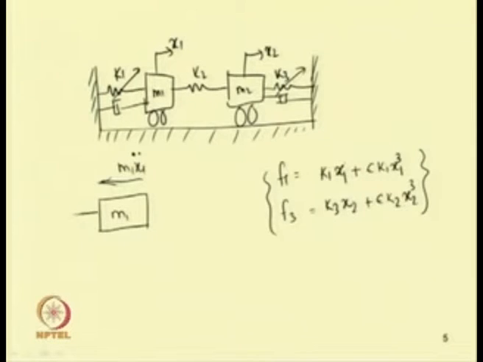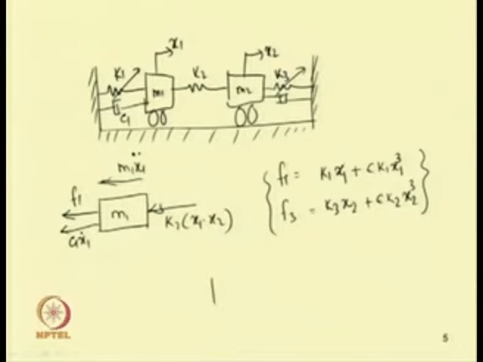Similarly, we have the spring force F 1, which is nonlinear, and the damping force, which if this is C 1 will be equal to C 1 x 1 dot. As the spring K 2 is assumed to be linear, it will have a relative motion of x 1 minus x 2, and the force will be in proportion to x 1 minus x 2.